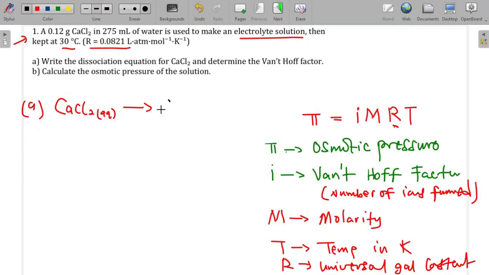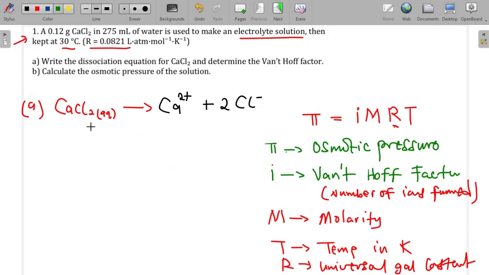Calcium has a 2+ charge, plus the other ion that forms is the chloride ion. But I need to balance these atoms. For the calcium I just have 1, and for the chlorine I add 2, so in front of the chloride I put a 2. So when the calcium chloride dissociates, it forms 1 ion of calcium plus 2 ions of chloride.